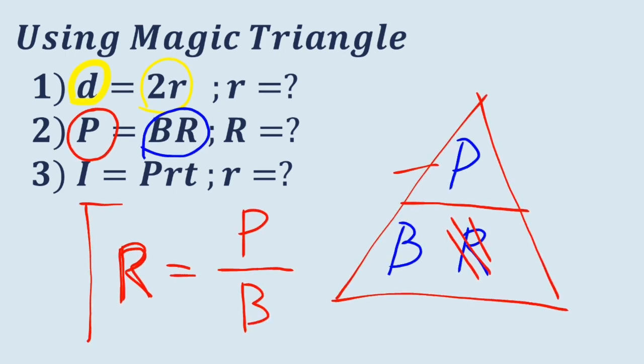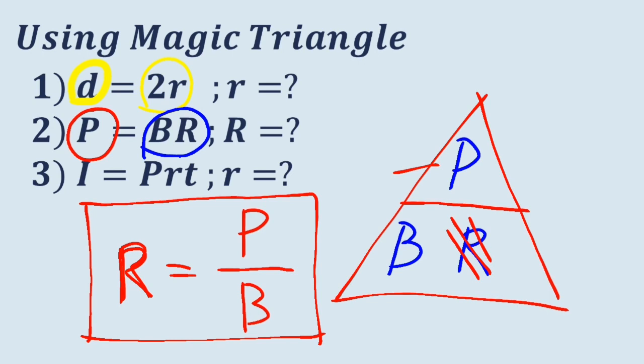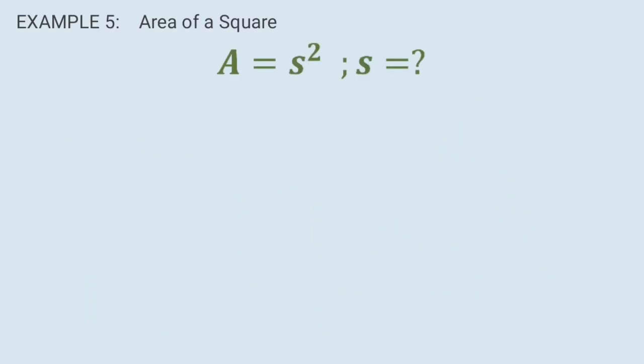So, this will be now our literal equation, our formula. Now you'll also try to solve number 3, the interest formula. Okay, let's have another example. So that's for the magic triangle.